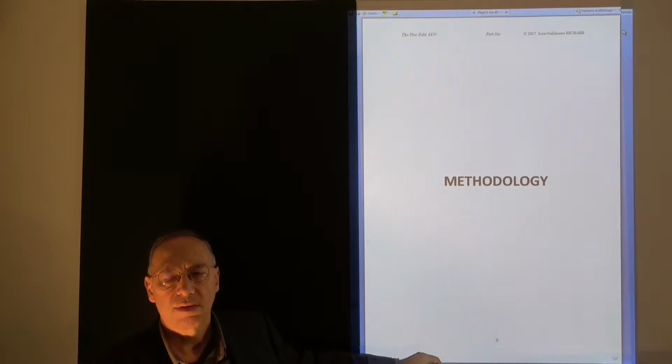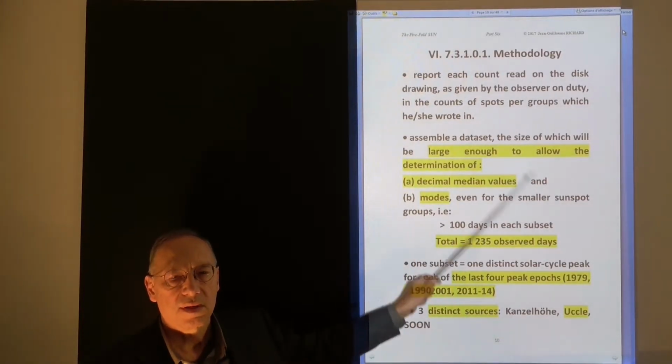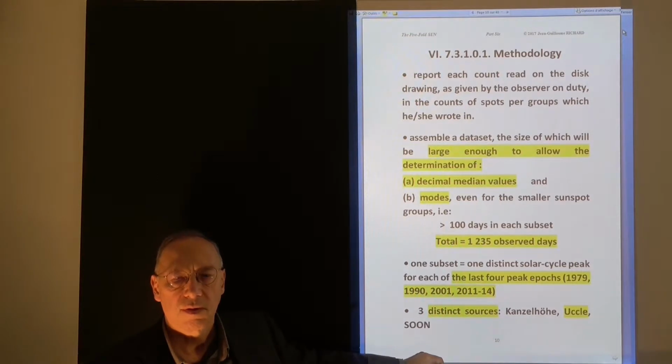We start now with the methodology. The methodology is first of all to report from disk drawings from selected solar stations each of the counts read in the drawing, where the observer on duty wrote in the number of spots for each of the sunspot groups that he or she drew.